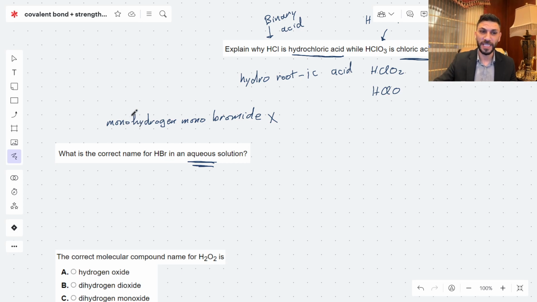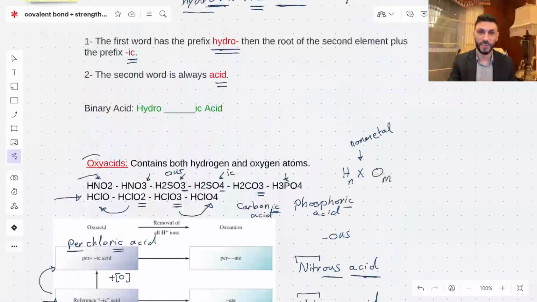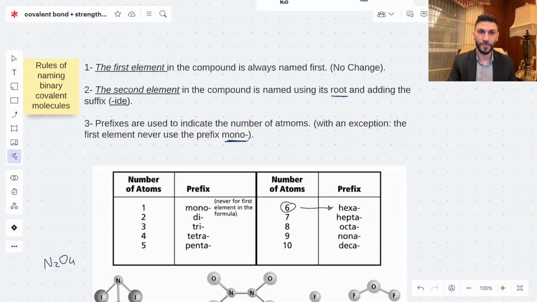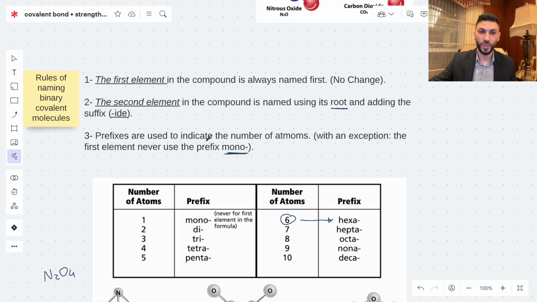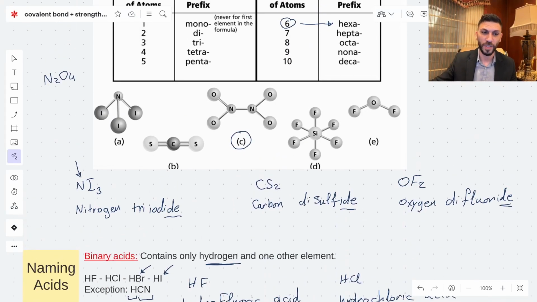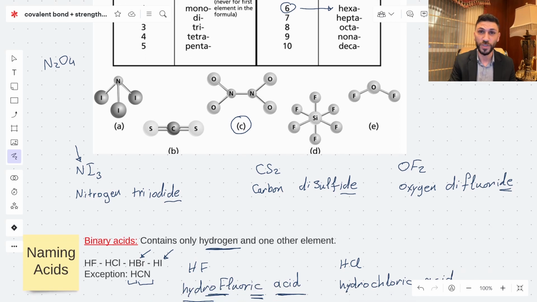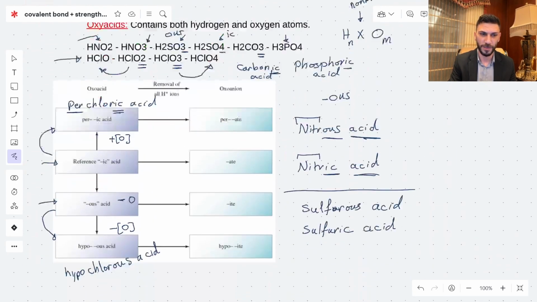And the other mistake is that for the first element, we never use the word mono. As you can see here in the rules again, prefixes are used to indicate the number of the atoms. With an exception, the first element never uses the prefix mono. So even if it was, for example, nitrogen triiodide, we didn't write mononitrogen triiodide because we never use the word mono for the first element.